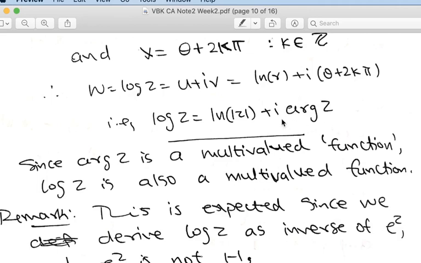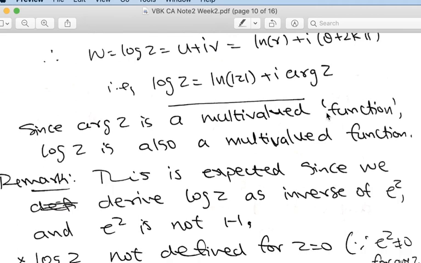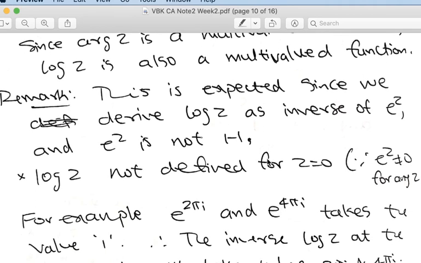So here again the imaginary part is arg z, which is multivalued. So it will take different values depending on the argument you choose. So log z again is a multivalued function. This is expected because we derive log z as an inverse of exponential z.